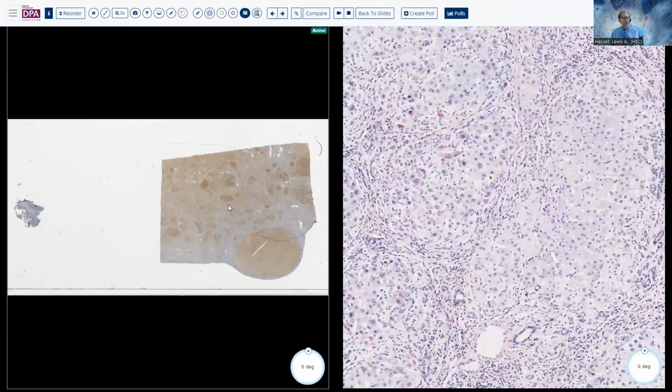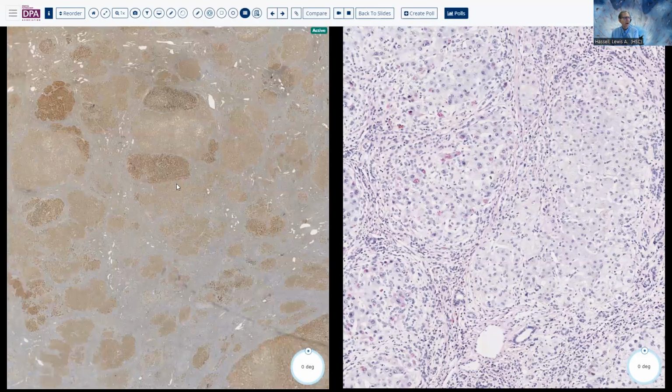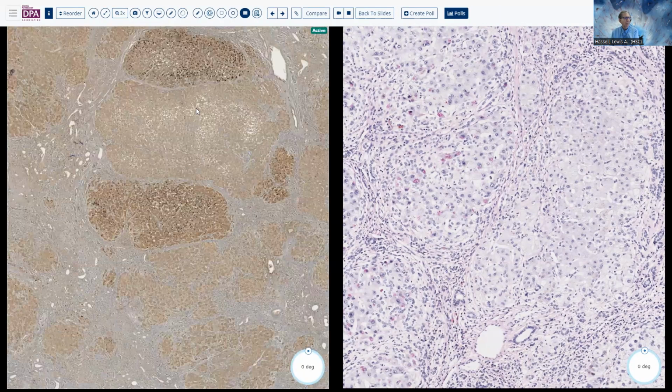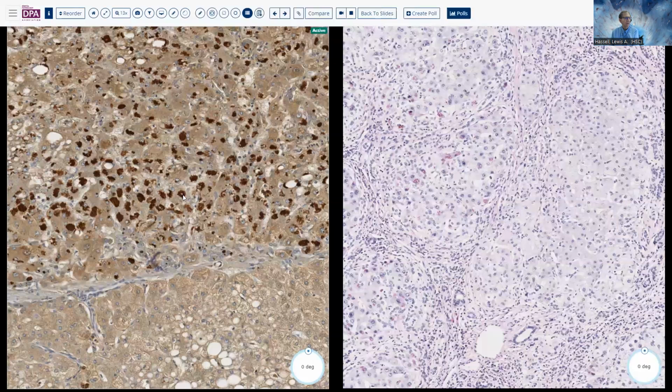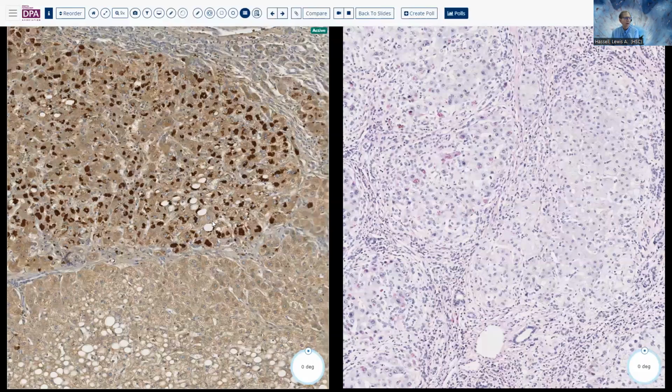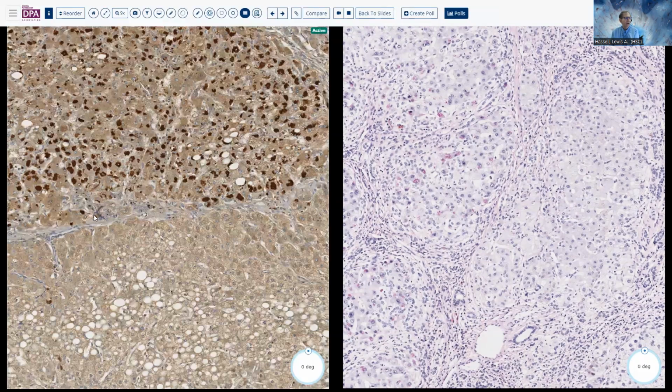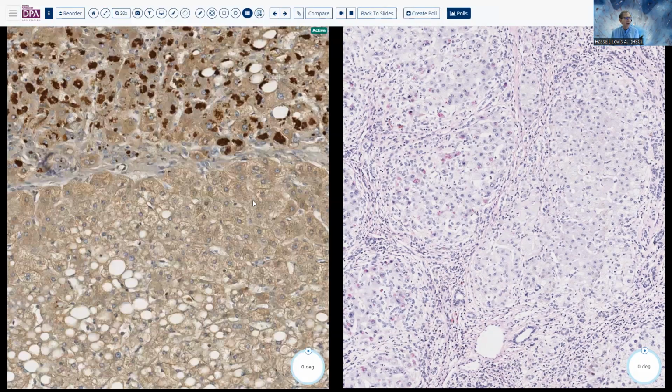If we look at the distribution with immunohistochemistry, this is what they look like, and you can see there's a lot more here than maybe we detected with PAS. But again, notice that some of these lobules are relatively spared and have hardly any.